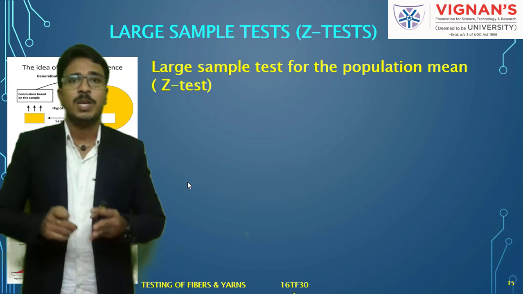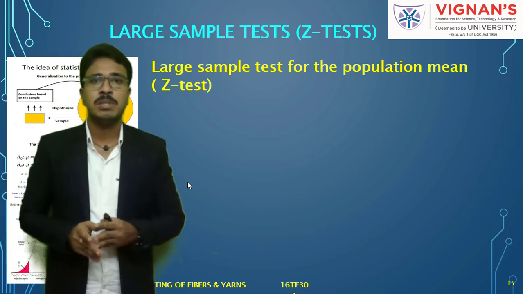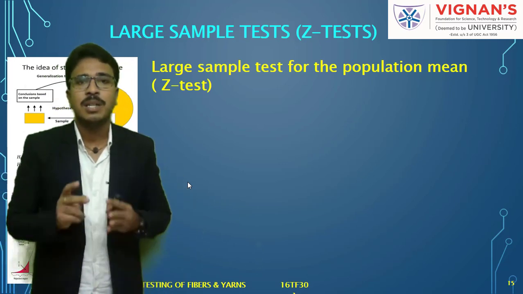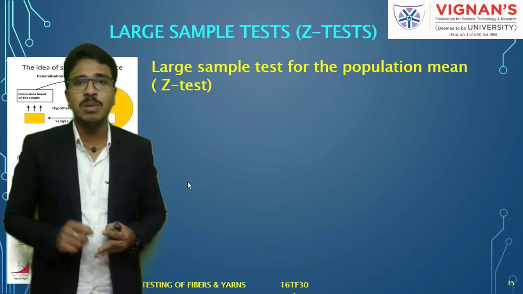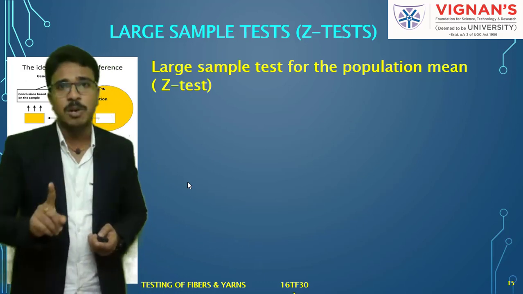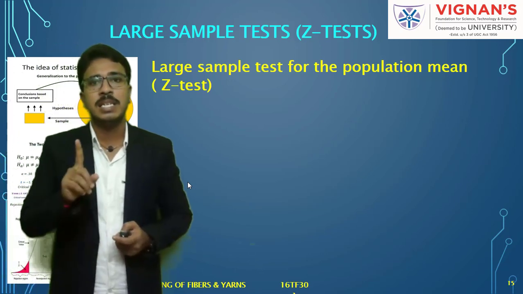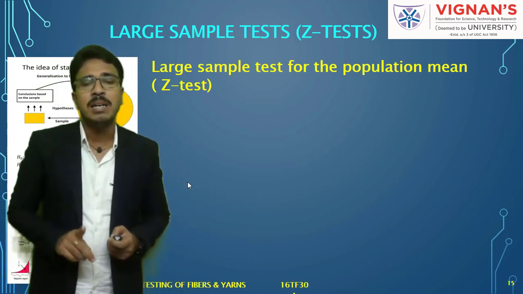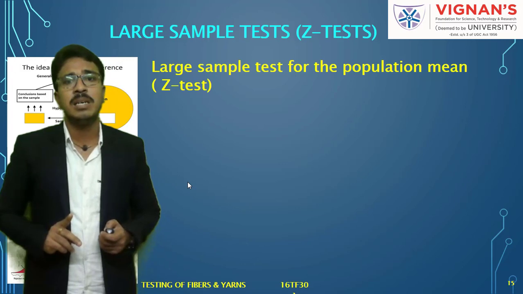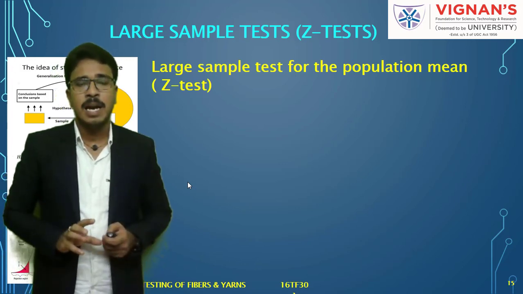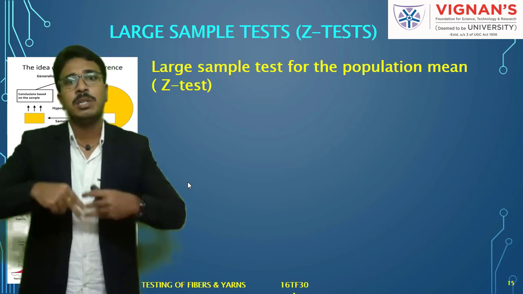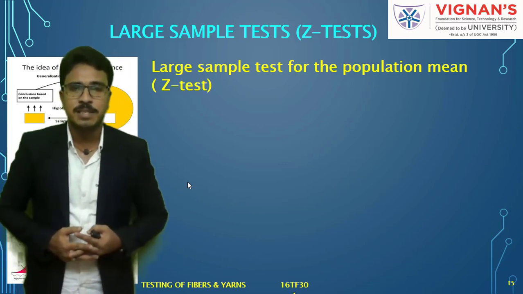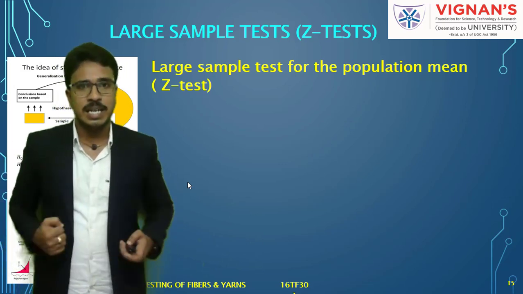I told you already there are different criteria. The first criteria is where there is only one population, a single population, and we are testing the population mean. And the second criteria is where there are two populations with two different population means.